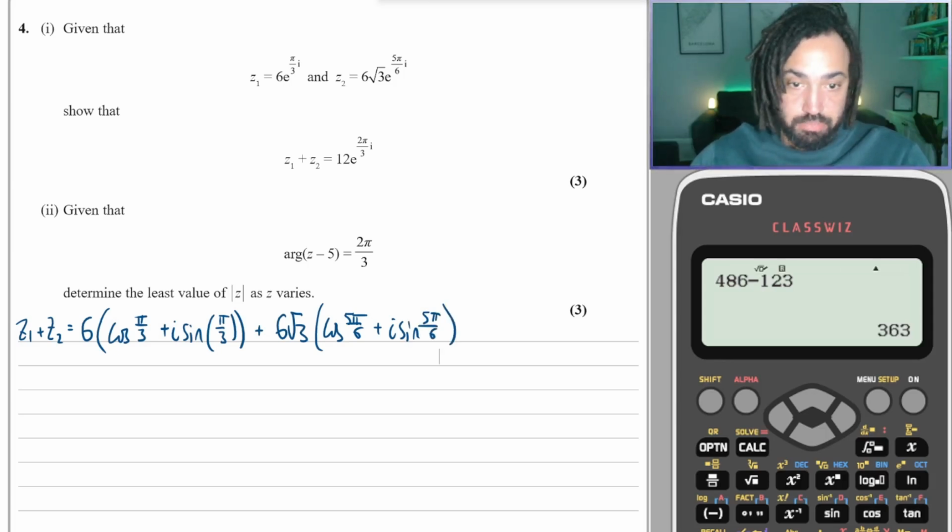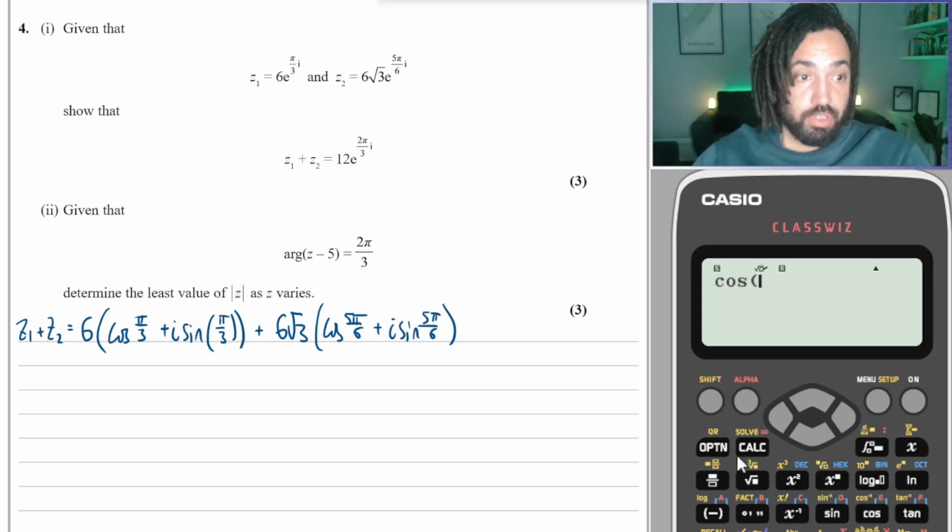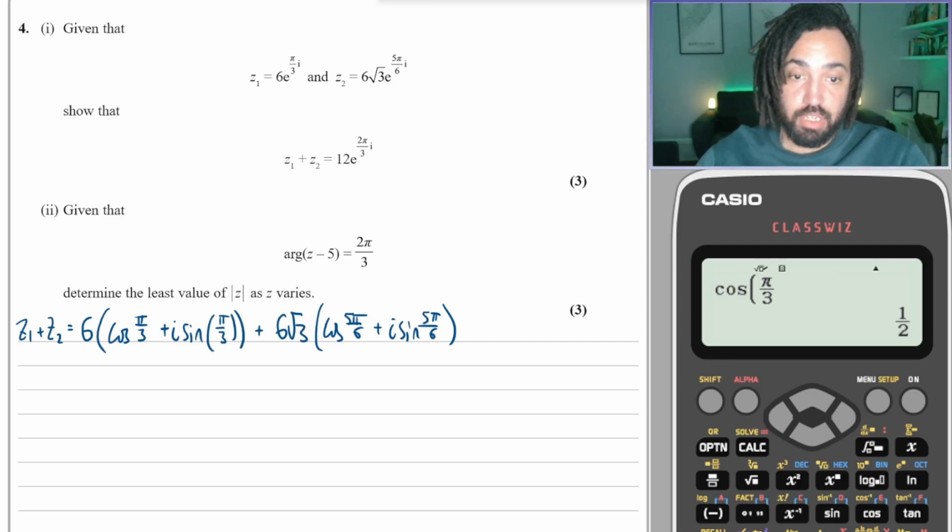Okay, so making sure our calculator is in radian mode, we will do cos of pi over 3, which is of course a half. So this becomes 6 and then just a half. And sine of pi over 3, as we know, is root 3 over 2.